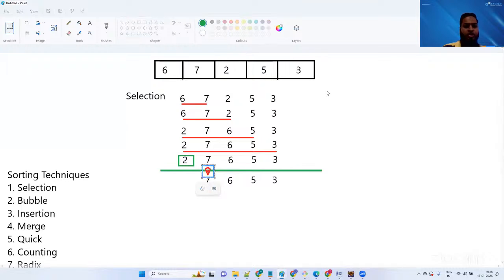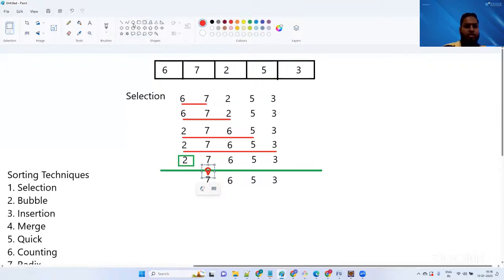And now I'll compare what? 7 with 6. Do I need to swap? Yes, because 7 is greater than 6. So I will write 6, 7, and remaining two numbers on their respective place.